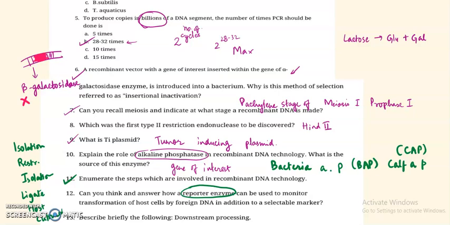Here the substrate was made up of glucose plus X-gal, and this X-gal was chromogenic in nature, meaning whenever it is broken down, it will produce a color. So if your recombinant DNA has been inserted into the beta galactosidase gene, it will become inactive. No chromogenic product will be formed. So this is insertional inactivation.